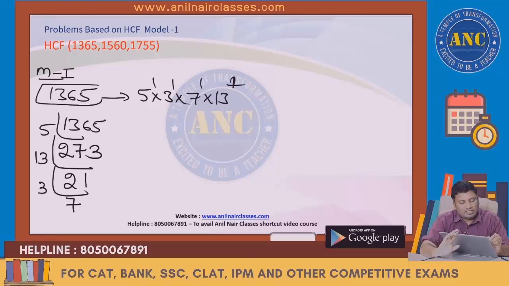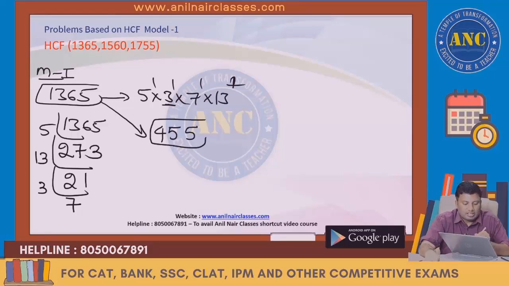After 1365, what is the next factor? If you want the next factor, divide by the smallest number. Divide by 3, we get 455. Does 455 divide 1560? 455 into 4 is 1820. Not possible.